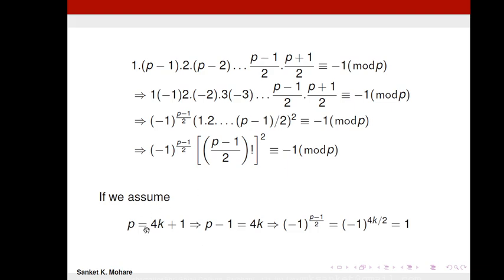Now if we assume p = 4k+1, then after shifting 1 to the left side, p−1 = 4k.